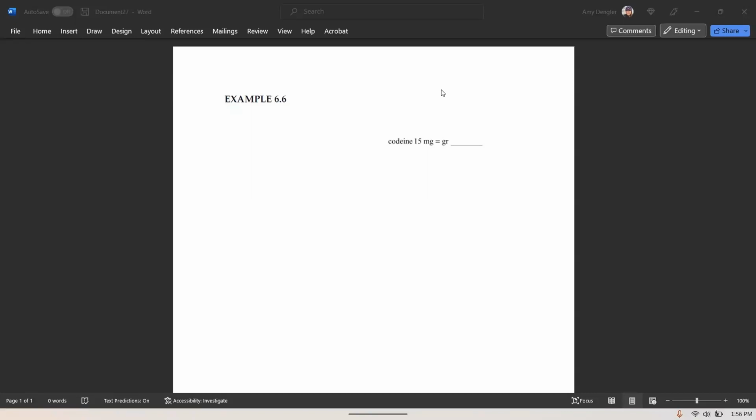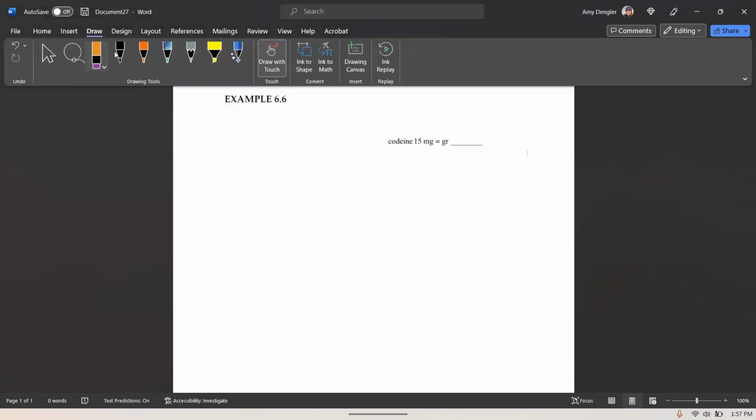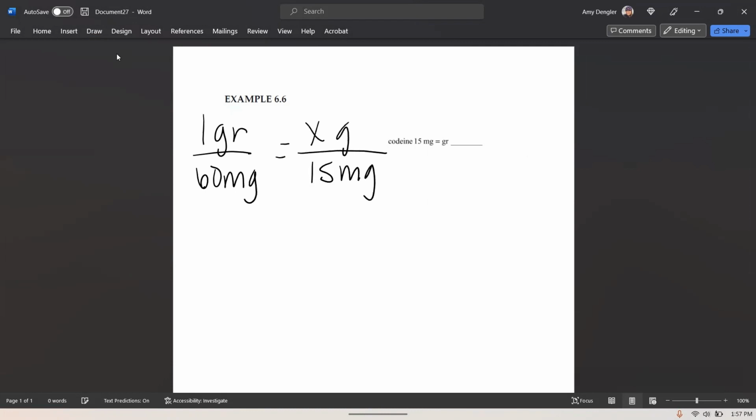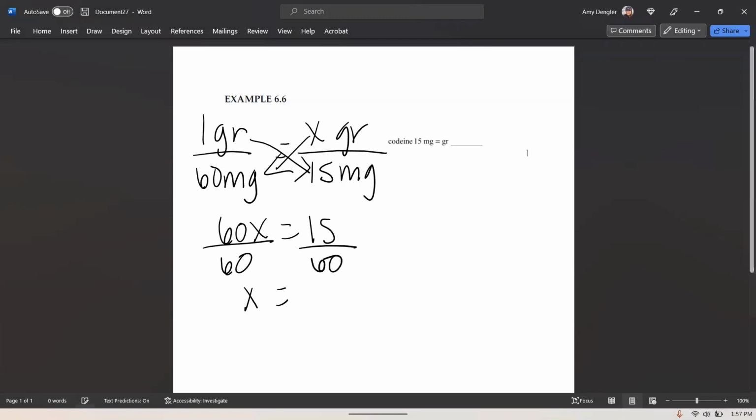Example 6.6, 15 milligrams to grains. So we have the conversion factor of 1 grain is equal to 60 milligrams. And we have 15 milligrams. How many grains is that? We have 60x is equal to 1 times 15, which is just 15. We want to get x alone, so we need to divide both sides by 60.